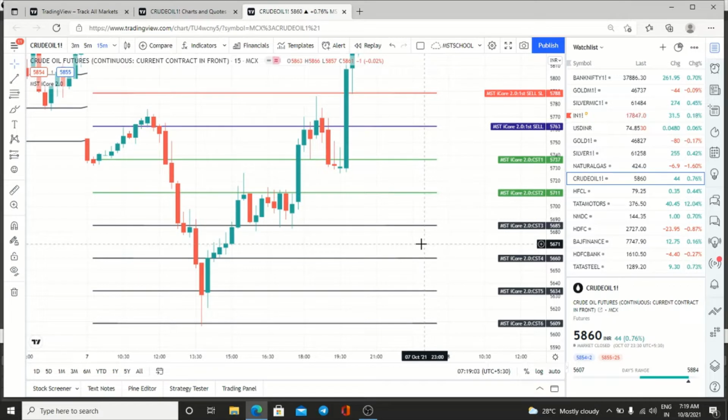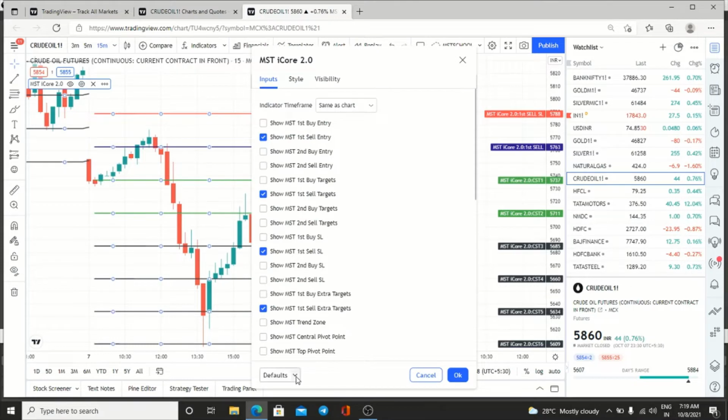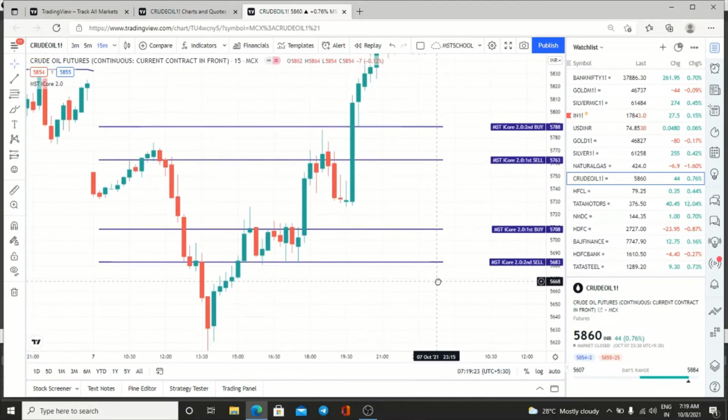Now we should identify the reversal point. But before I tell you that, suppose SL hit. Imagine the sell was not triggered yesterday, only the buy got triggered. In such cases, what do you have to do? This is an assumption, since yesterday we got the entry perfectly and all the targets. So suppose yesterday the sell was not executed, only the buy was executed.